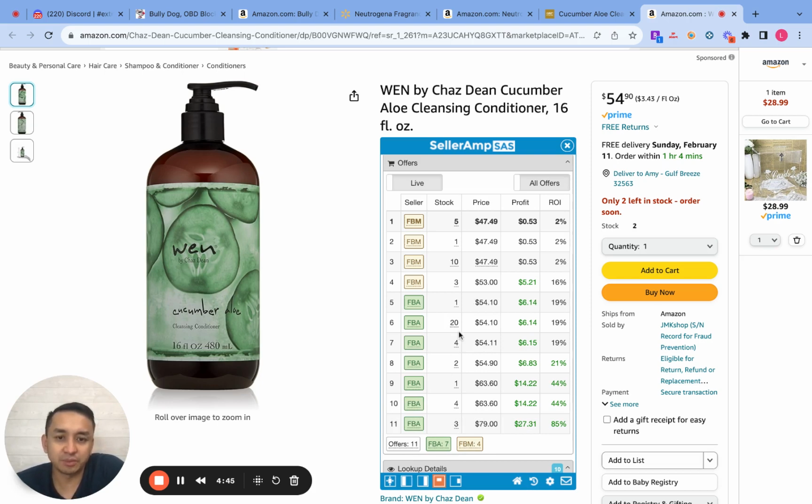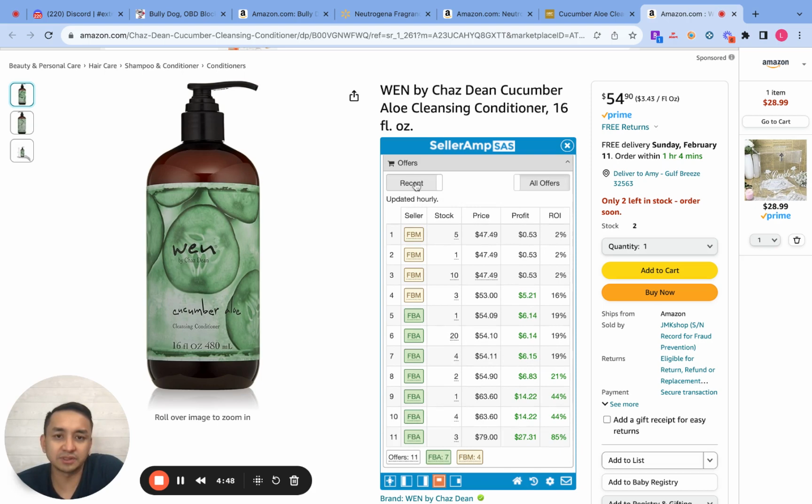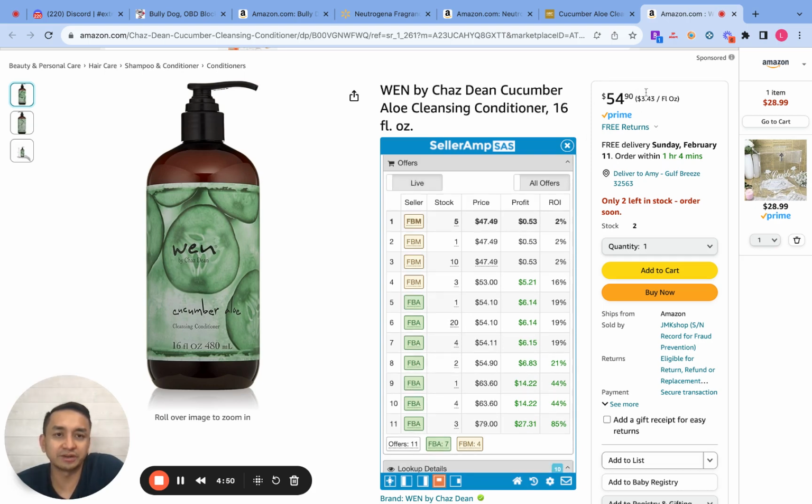Interesting. So the buy box is currently, let me see, it's so weird. It's currently here at this price, $54. If you price it here, you're getting a 19% ROI, or sorry, like 20% ROI.